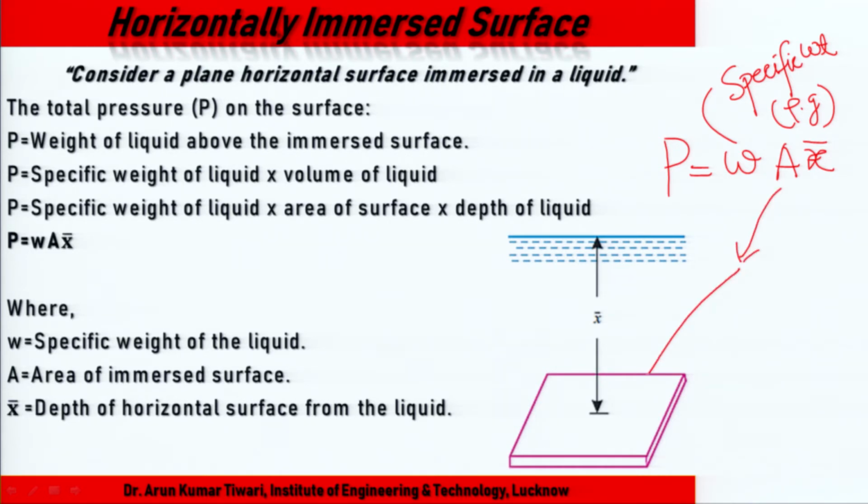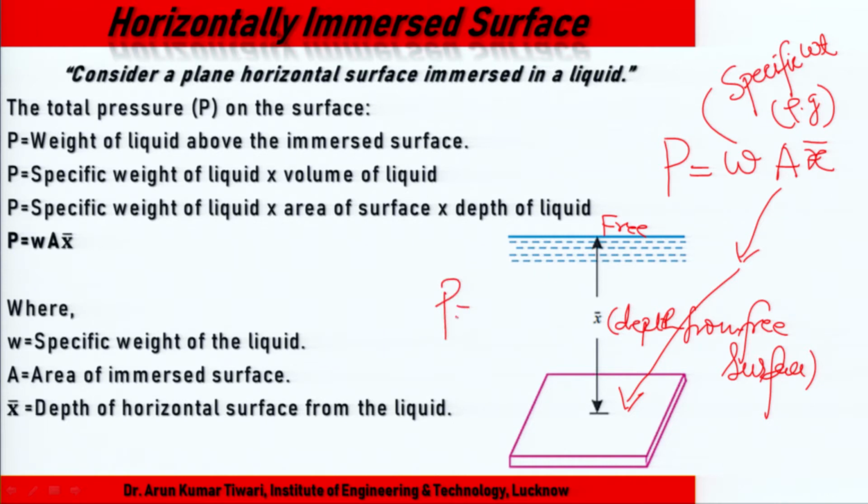It is the area of the immersed surface. And x bar is the depth of the horizontal surface from the free surface of the liquid. So in this case P equals w A x bar.